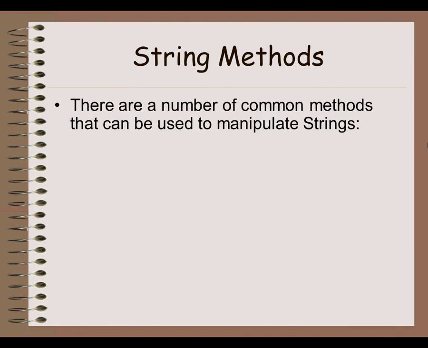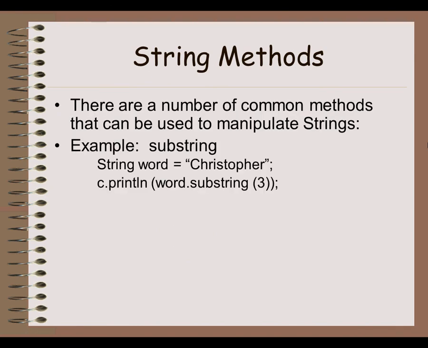So what are some of the methods that we can use to manipulate the data in our string? Well, the first one we're going to look at is one called substring. So again, if I'm going to create my variable called Christopher, I'm going to use a method called substring. So I'm going to get the substring of my word. And I'm going to get the substring of 3. What does that mean?